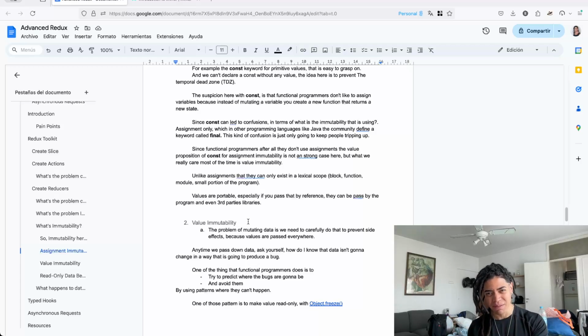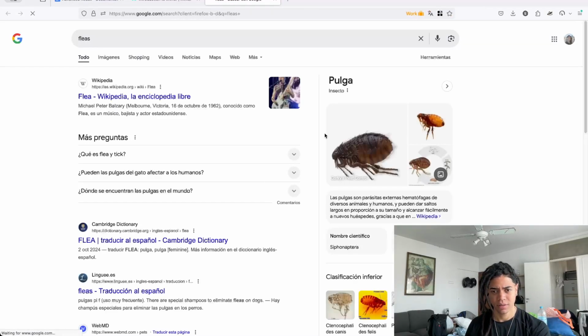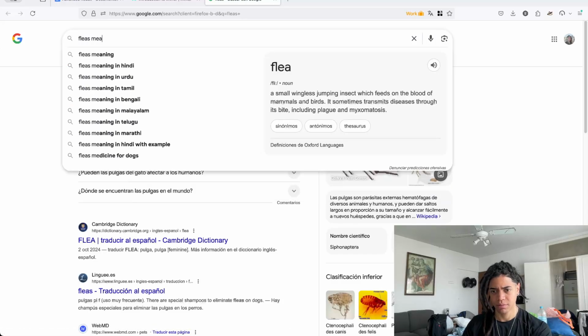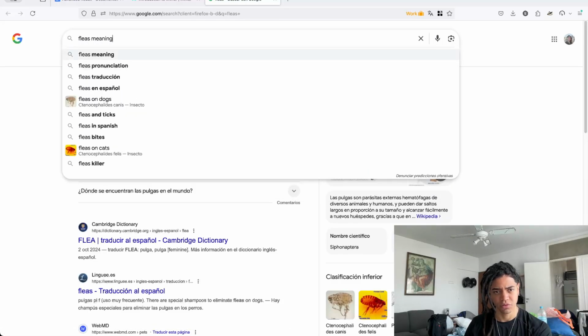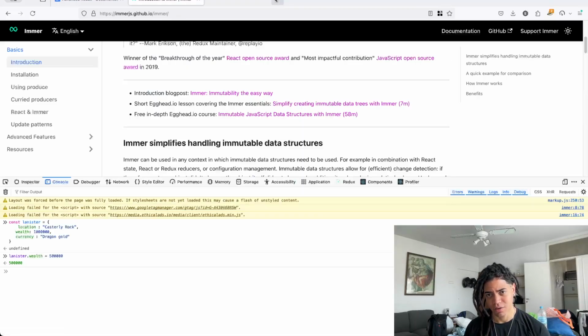So a real-life example is, if you know that fleas exist, you want, of course, to follow certain patterns and steps so they can never happen. That's pretty much what functional programming is doing, according to Kyle Simpson.